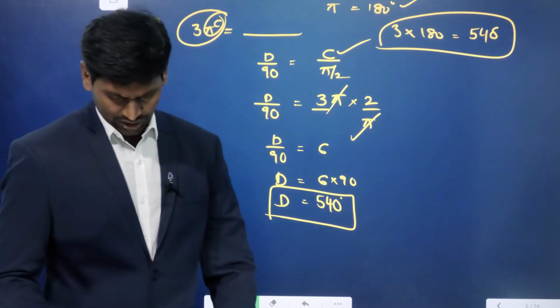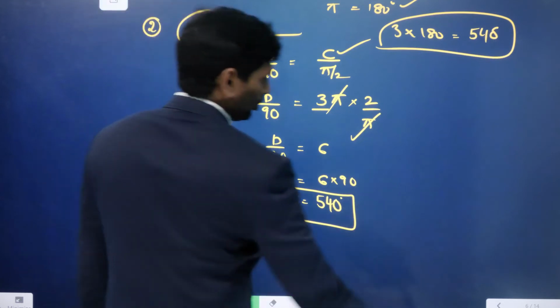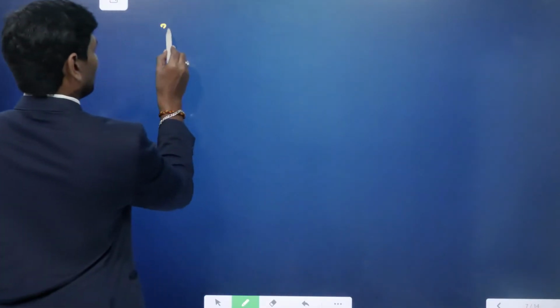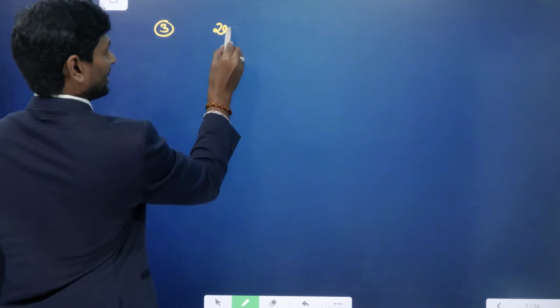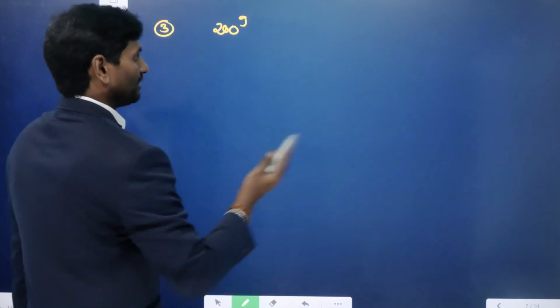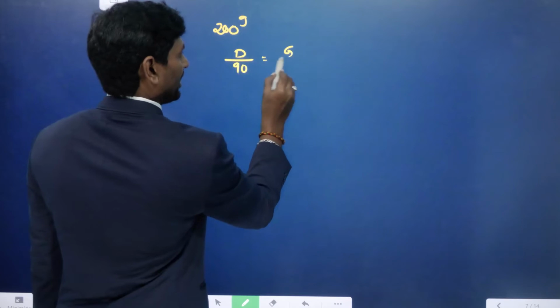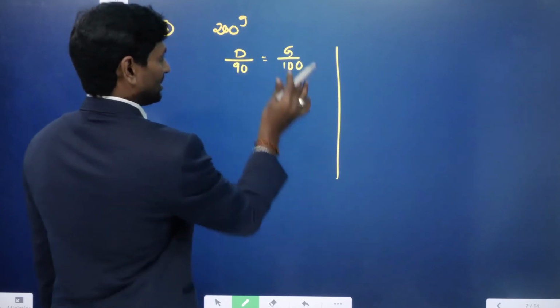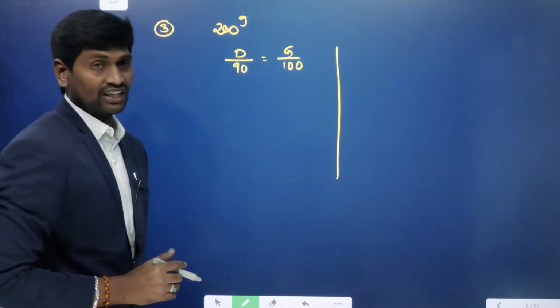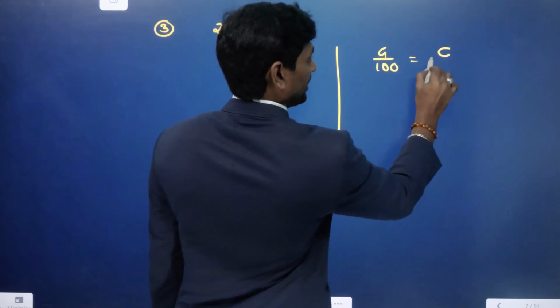Next, second question, 200 grades. But here both options are there. 200 grades are given. So grades we can express in degrees as well as radians also. So let us take both of them. Degree by 90 equals grade by 100. First I am expressing grades into degrees, and then grades into radians also.